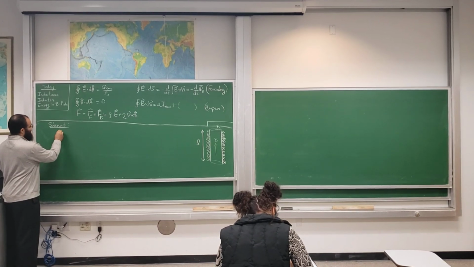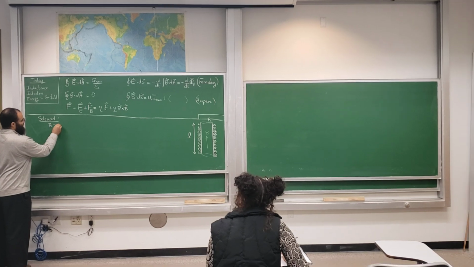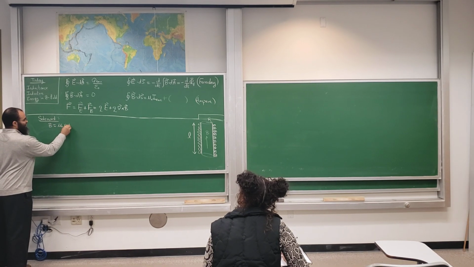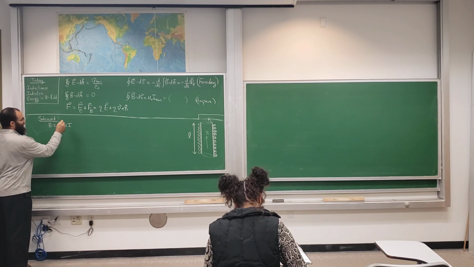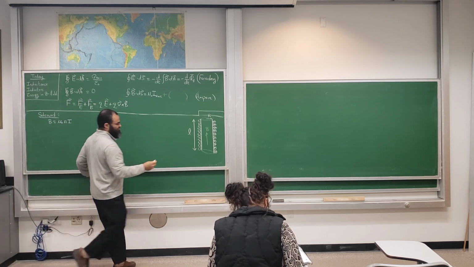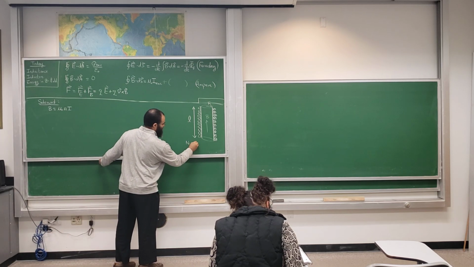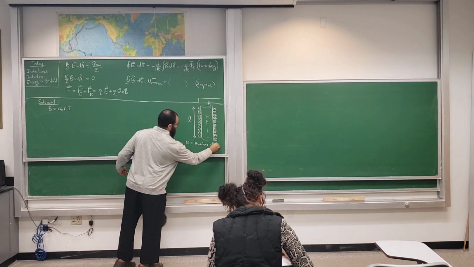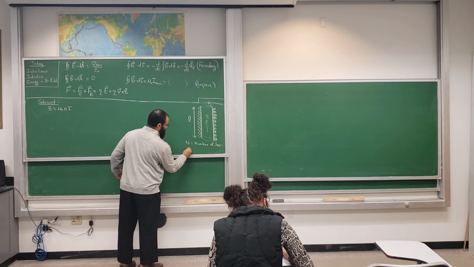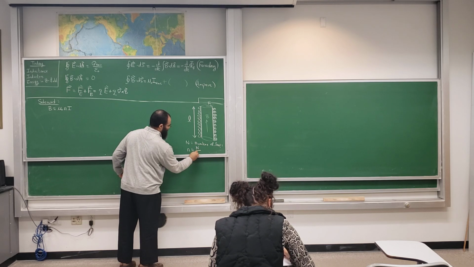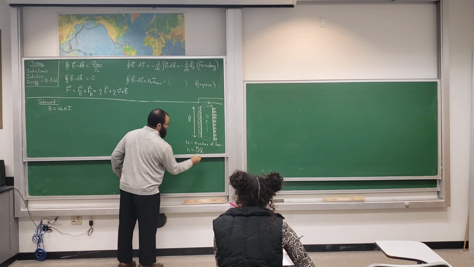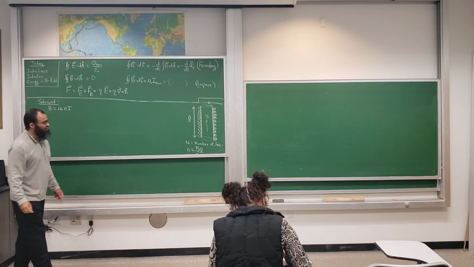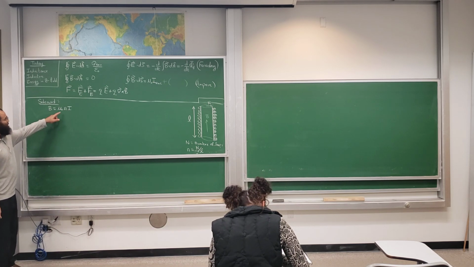Well, the magnetic field in a solenoid is mu naught, little n, times current, where capital N is the number of loops, and little n is the number of loops divided by the total length of the solenoid. So it's the number of loops per unit length.